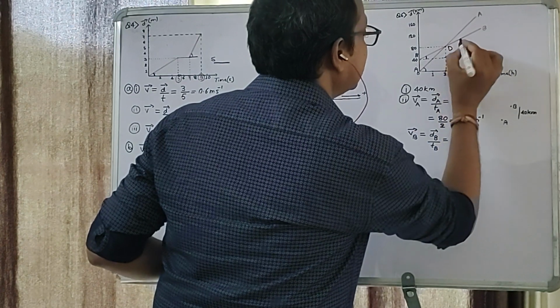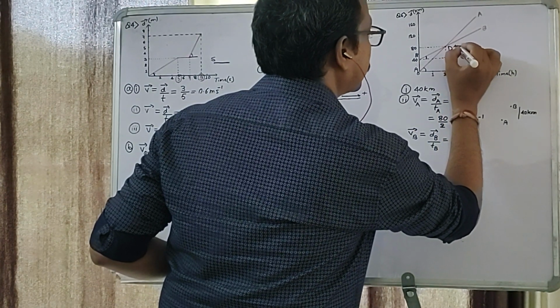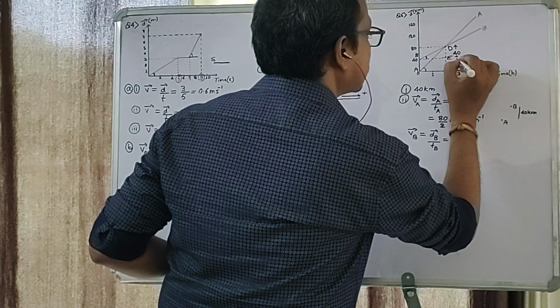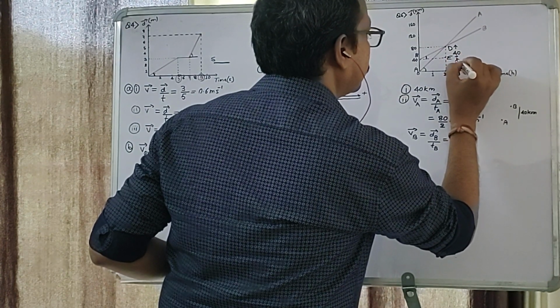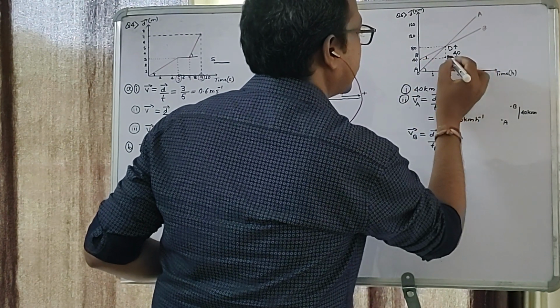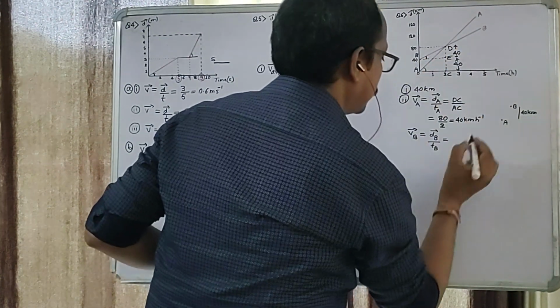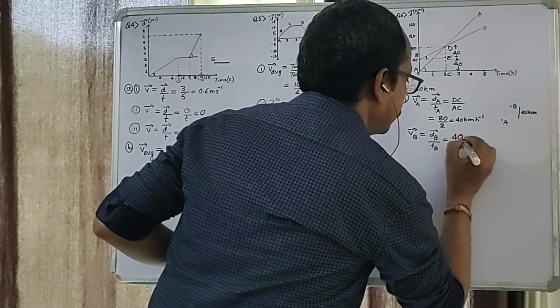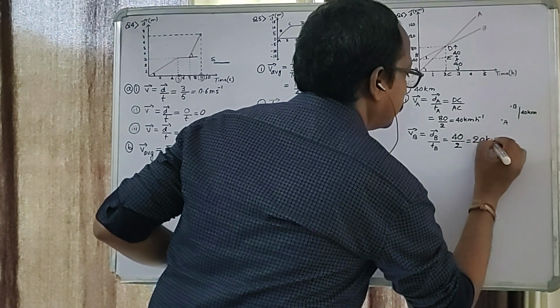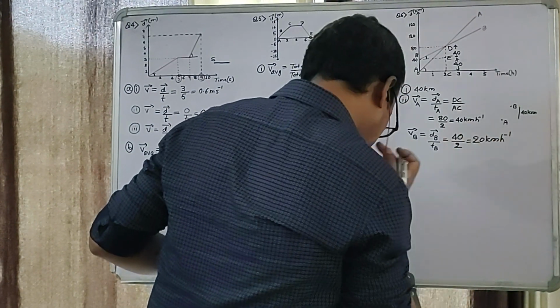So DE is 40 kilometers, and this is again 40 kilometers. Quite clear? So this is 40 by 2, which becomes 20 kilometers per hour.